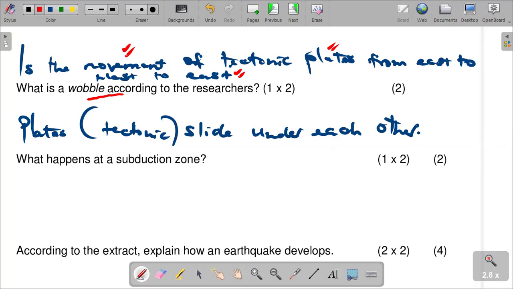What happens at a subduction zone? At a subduction zone, tectonic plates slide under each other.